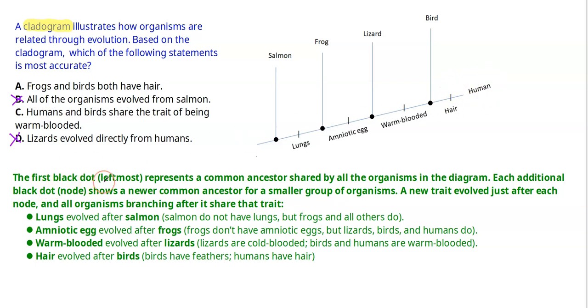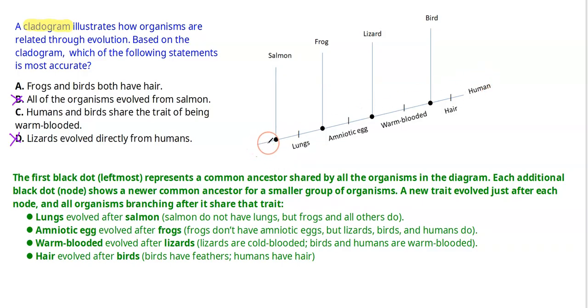Now the first black dot, leftmost, represents a common ancestor shared by all the organisms in the diagram. So this black dot, or common ancestor, is way back in time, but it's shared by the salmon, the frog, the lizard, the bird, and the human.